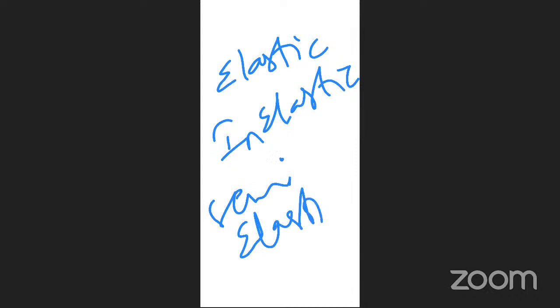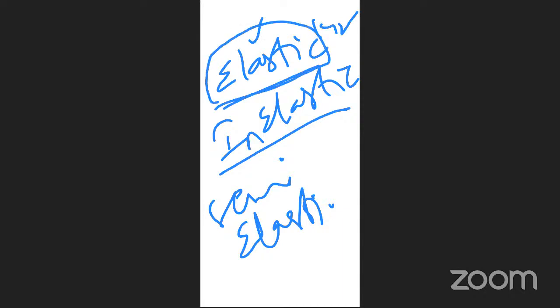In elastic collision, conservation of kinetic energy and conservation of momentum are both applicable. Inelastic collision only applies conservation of momentum. The third one is semi-elastic collision, which lies in between elastic and inelastic collisions. This is the collision topic.